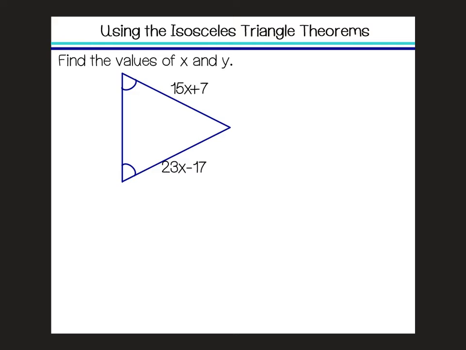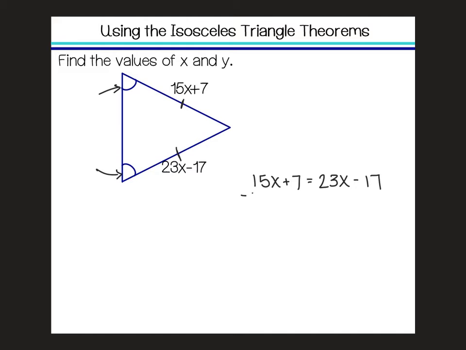In this next example, I'm finding the value of x, and I notice that the two base angles are congruent. If the two base angles are congruent, I know that the two legs would be congruent, making this an isosceles triangle. The two legs are congruent, so I would set their measurements equal to each other. So 15x plus 7 equals 23x minus 17, and then I can solve for x.